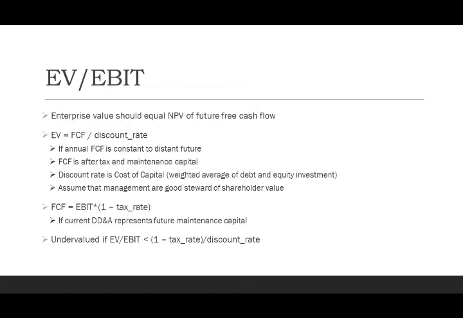Another key assumption about this formula is that it assumes the management are good stewards of shareholder value, because usually the free cash flow is retained by the company. Then later on, it will be used mostly at the discretion of the management.